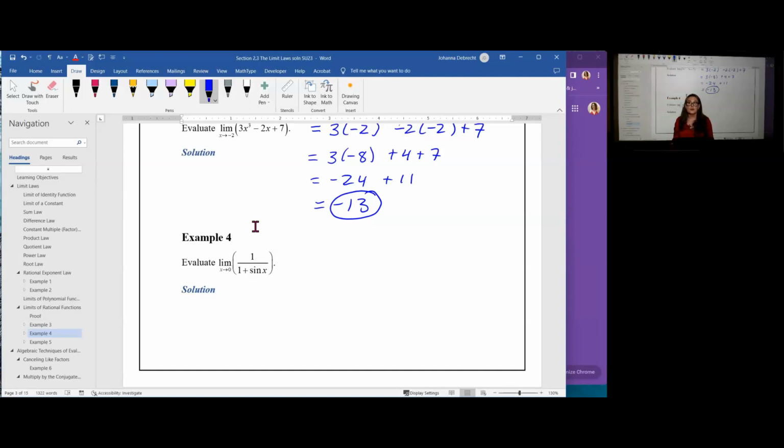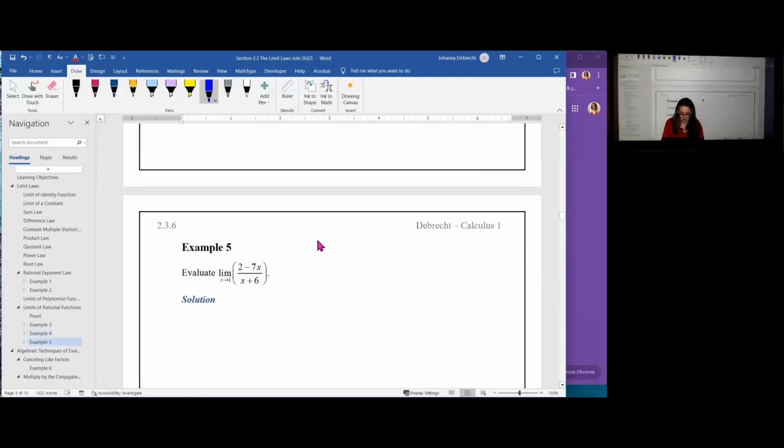If we do, that's the value of the limit. Substituting this in, I get 1 over 1 plus the sine of 0. The sine of 0 is 0, so I get 1 over 1 plus 0, or 1. That's a finite real number, which means that this graph, as we approach x equals 0, approaches the y value of 1.